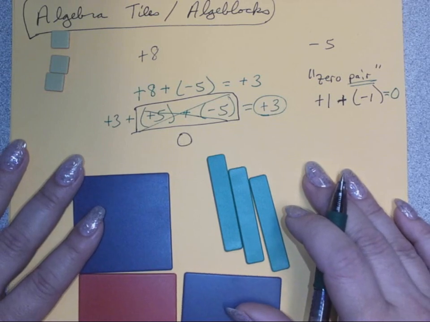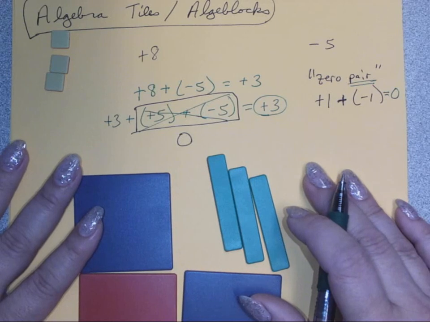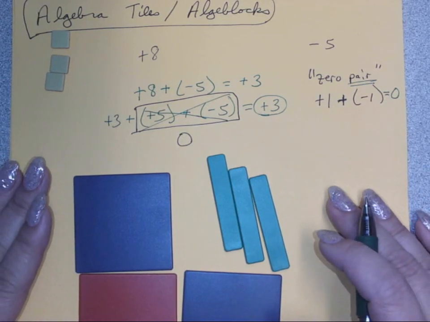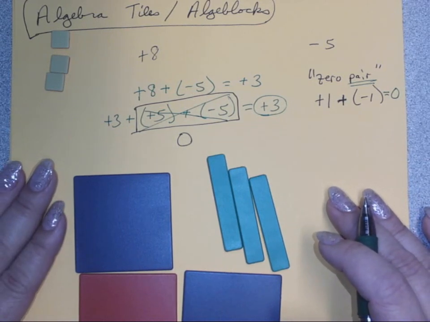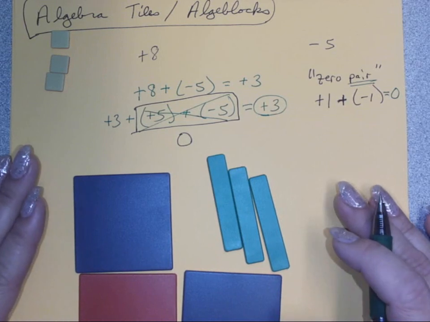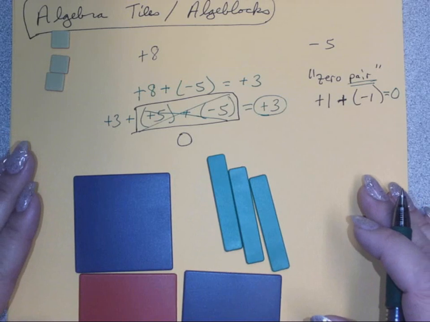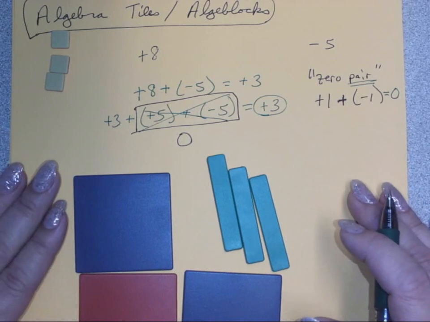But in particular in the middle school area, you're going to see these, you're going to work with these. And if you're going to be a high school teacher, that's actually one of the first things I learned whenever I was teaching Algebra 1 in high school: how to work with Algebra Tiles, because it's a requirement on the EOC for Algebra 1 that the kids can do Algebra Tiles and that they can look at a picture and see what it means.